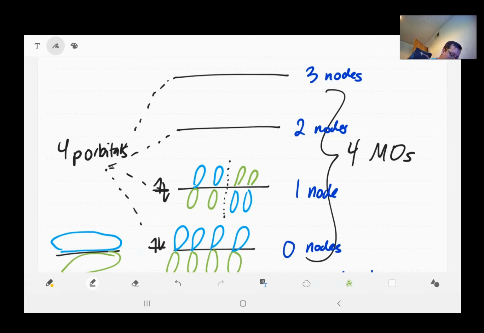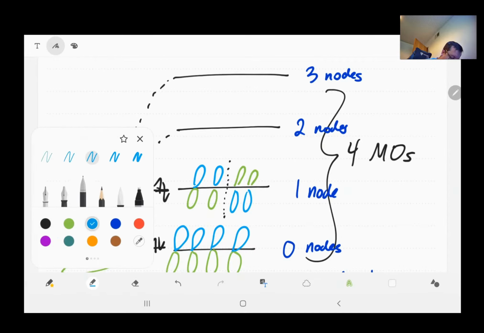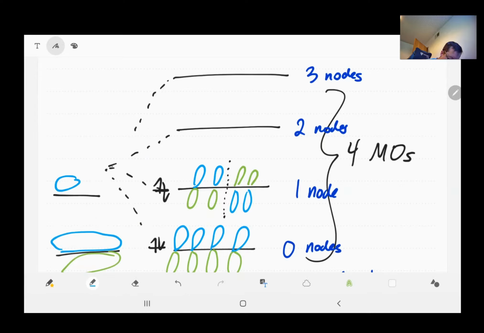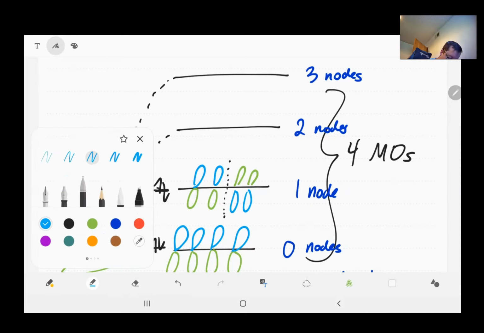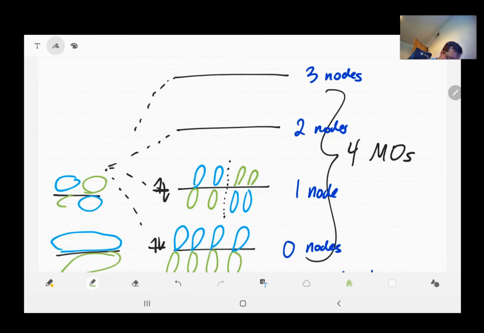Okay, let me erase this. I need more room. We're going to end up having this sort of idea. So we've got blobs and blobs over here. We have a node there, what that might look like.